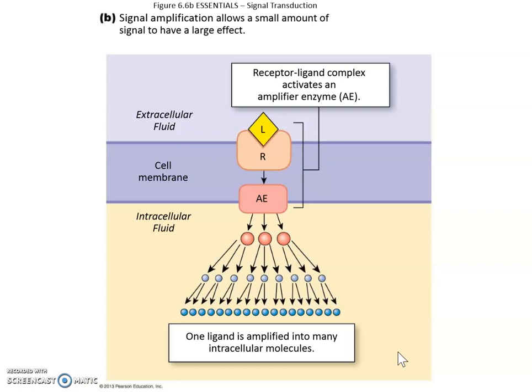There's different options available. The point is, once you activate an enzyme, the enzyme doesn't make just one product. It makes a ton of products. And if these products in turn turn on more enzymes, and they make even more products, you get a huge output. So this whole idea of signal amplification is shown here, where one signaling molecule is binding to one receptor, but the output is huge.